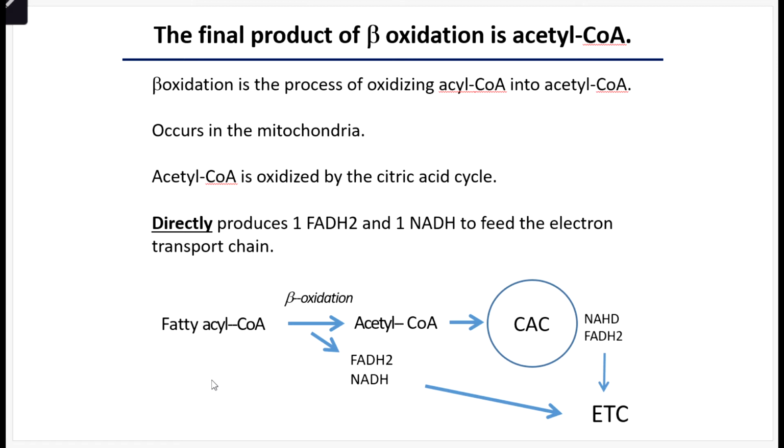So I'll talk about that in a second. The production of acetyl-CoA using acyl-CoA as a starting material will produce one FADH2 molecule and one NADH molecule, which feeds the electron transport chain. And so beta oxidation transforms fatty acyl-CoA into acetyl-CoA, but also generates reduced electron carriers that can be funneled into the electron transport chain.